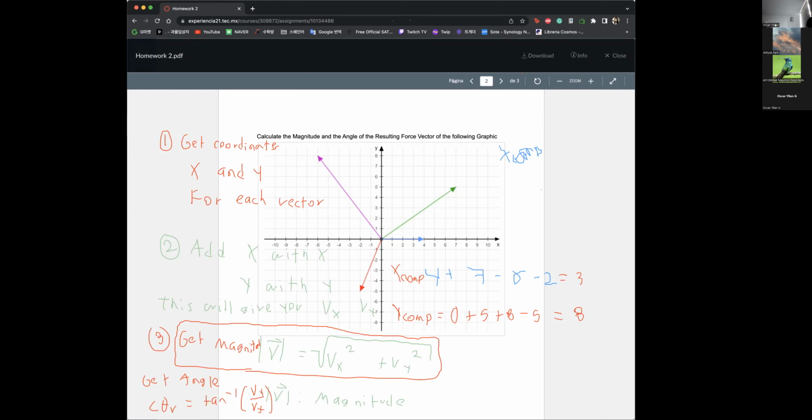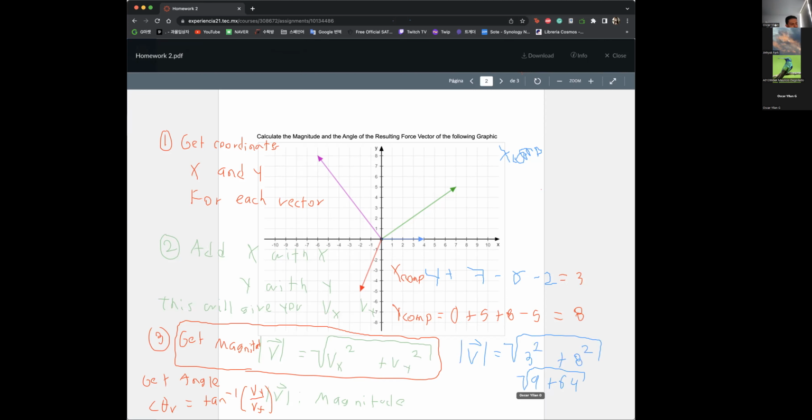The magnitude of the vector is equal to the square root of 3 squared plus 8 squared. That is 9 plus 64, right?